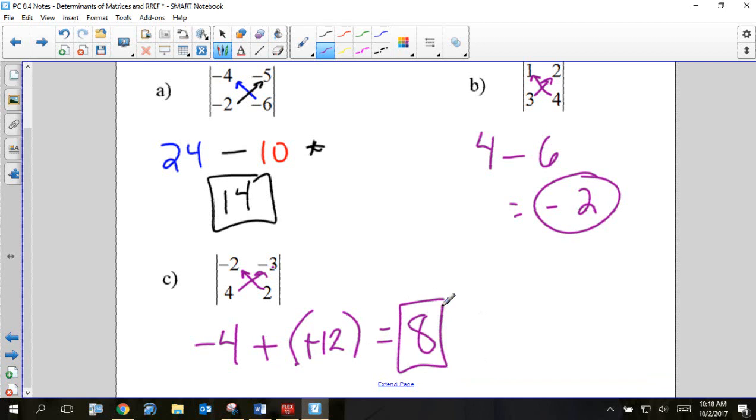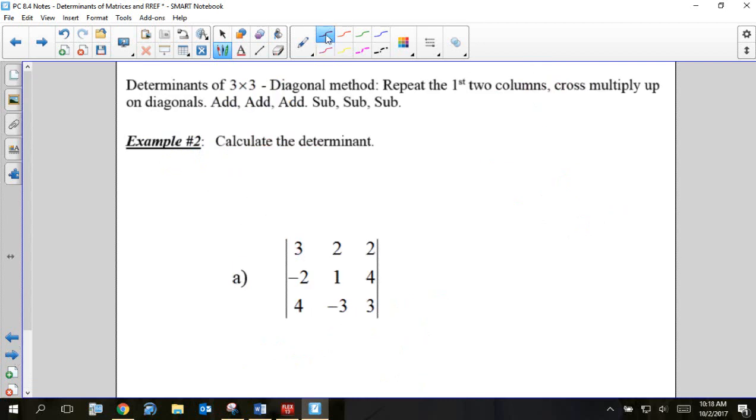All right, next section is 3 by 3. It says up here what to do, but I don't know if you could read it and figure it out. What you're going to do is you are going to still do this cross multiply from like the bottom corner up, but you have to multiply every single number, and if I just draw that one diagonal, it's not getting every single number.